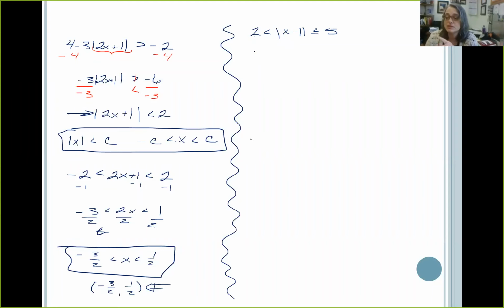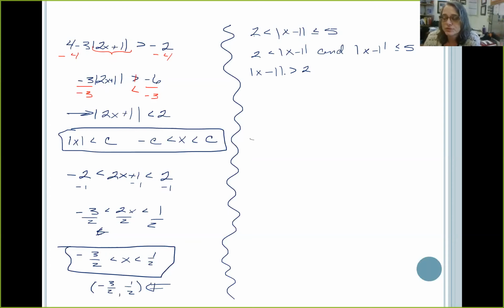So what we really need to do is think of this as 2 is less than the absolute value of x minus 1, and the absolute value of x minus 1 is less than or equal to 5. Now we can solve this, because this is really the absolute value of x minus 1 is greater than 2.